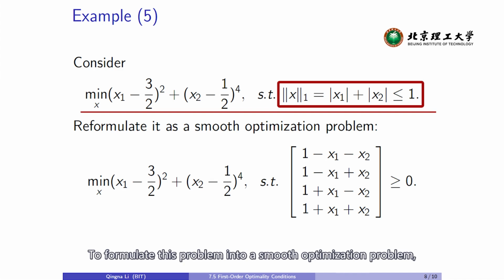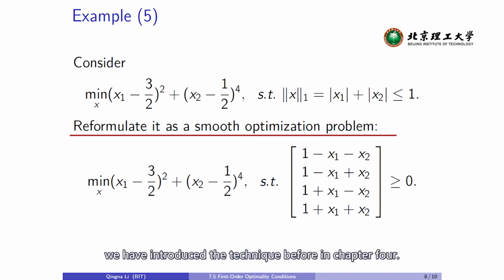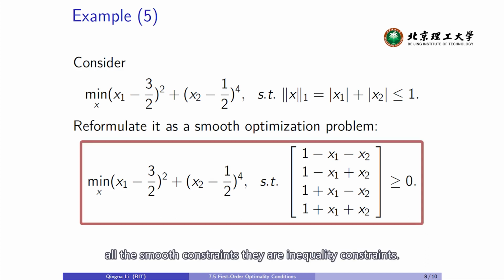To formulate this problem into a smooth optimization problem, we introduced a technique before, in Chapter 4, I think, and then we get the following problem. We have the objective function and four smooth constraints. All the smooth constraints are inequality constraints.